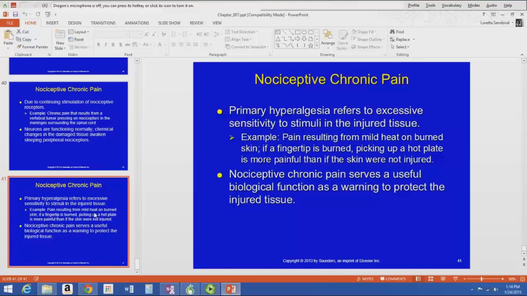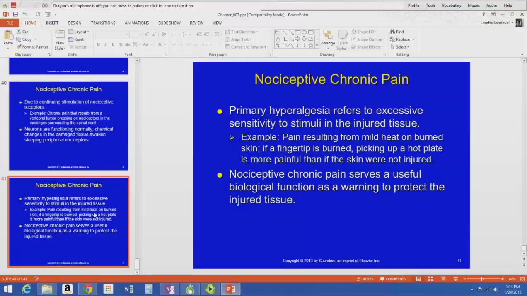If a fingertip is burned, picking up a hot plate is more painful than if the skin weren't injured. Another good example that I think a lot of us have experienced is a sunburn. Your sunburn's getting a little bit better, but it still kind of hurts. And you get in what you think is just a warm shower, but oh my gosh, it feels a lot hotter than warm. It's more sensitive, it's more painful than if your skin weren't injured by that sunburn. So you have hyperalgesia, you're hyperstimulated, you have a heightened response to pain.